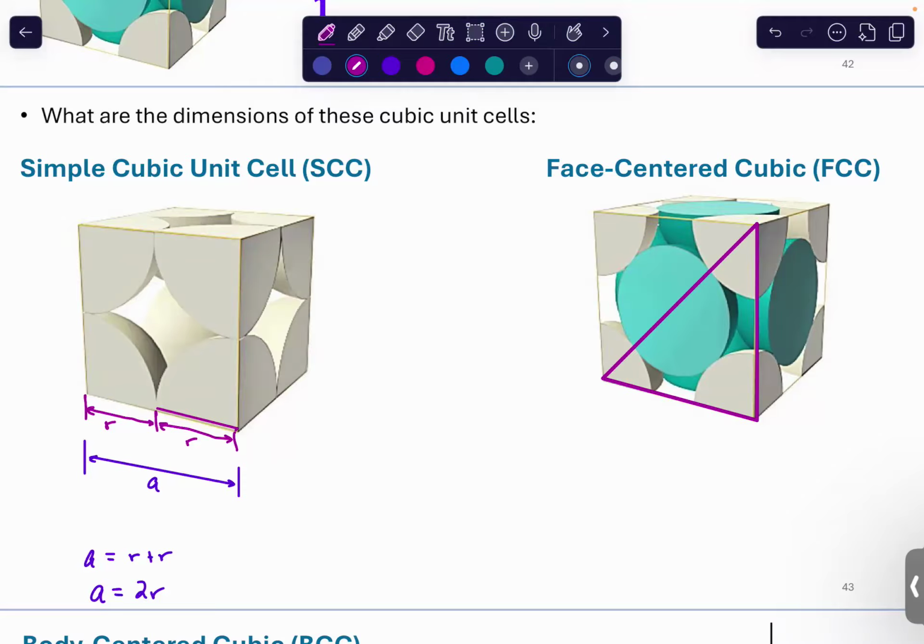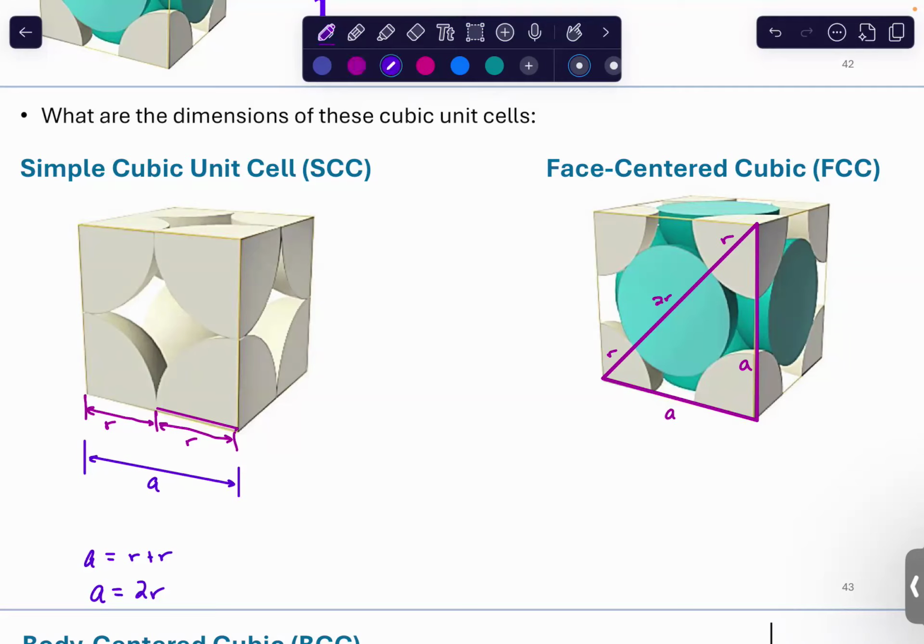Okay, so I know that that's A. I know this side is A. What about the center? 4R. You see you have an R, and R, and then a full diameter is 2R.